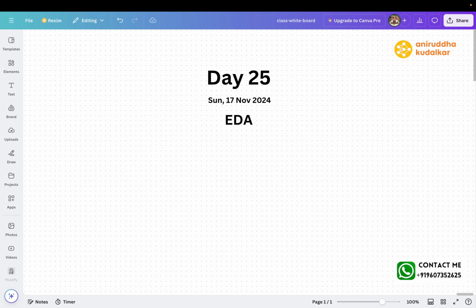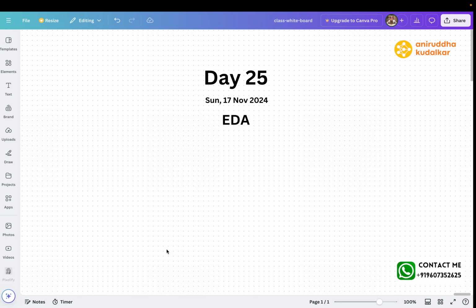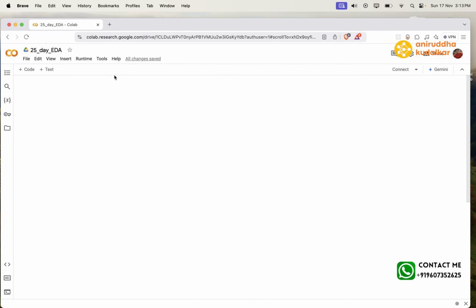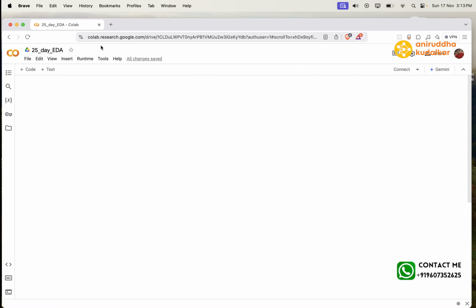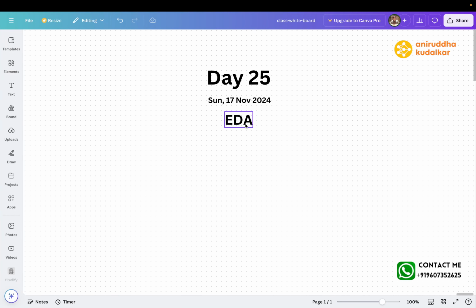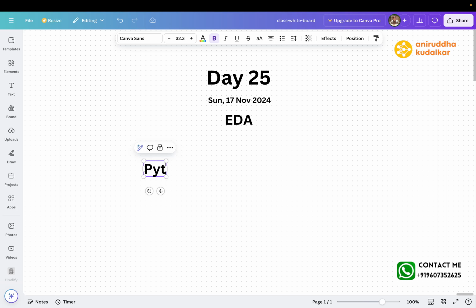Remember that we have learned the tools for performing the EDA. So first tool we have discussed is Python. Then we discussed NumPy, Pandas, and Seaborn.